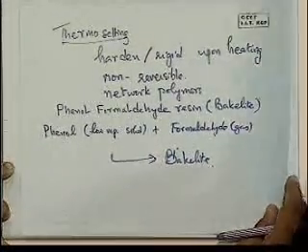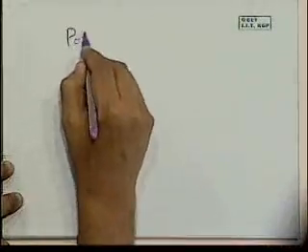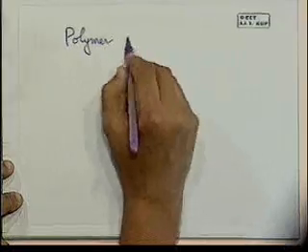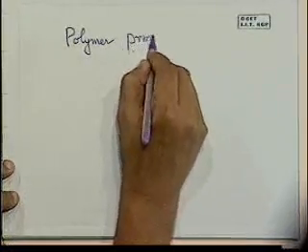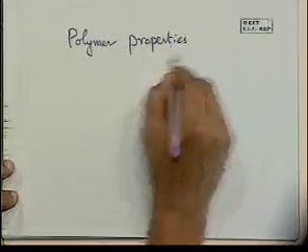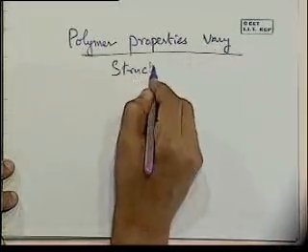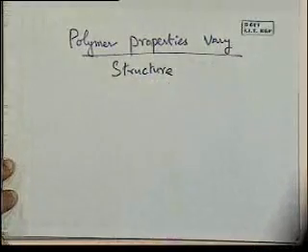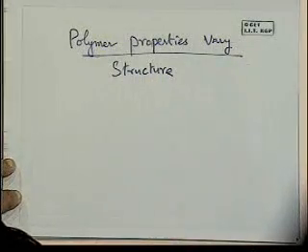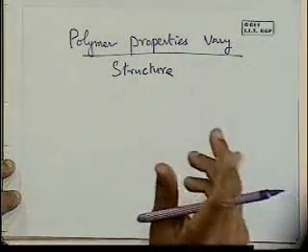In general, the properties of polymers are variable depending on the particular structure. So the same polymer molecule could have different structures. Isomers.